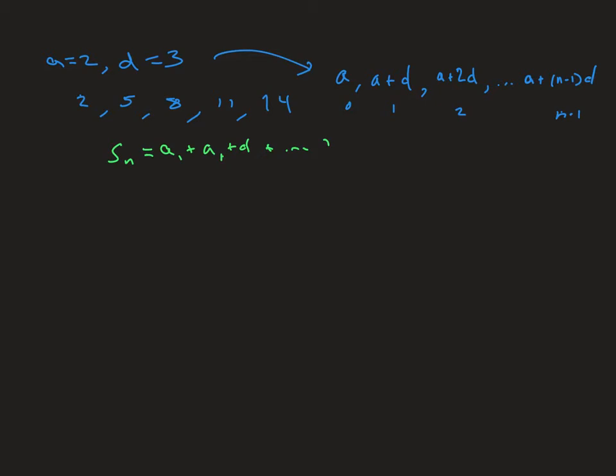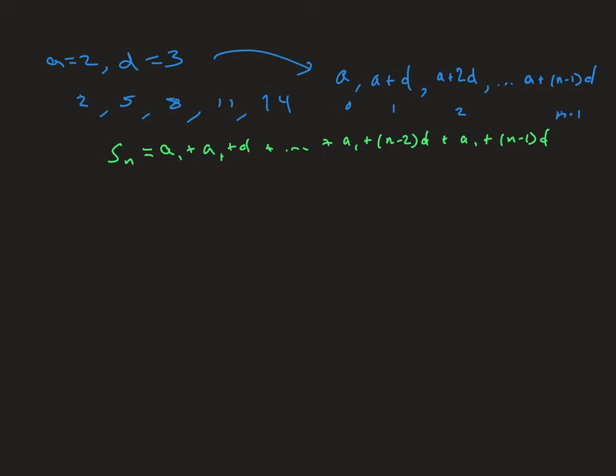Let's add our second to last, so a sub 1 plus n minus 2 times d, plus a sub 1 plus n minus 1 times d. So that's our sequence if we have n terms. So that's our S sub n.